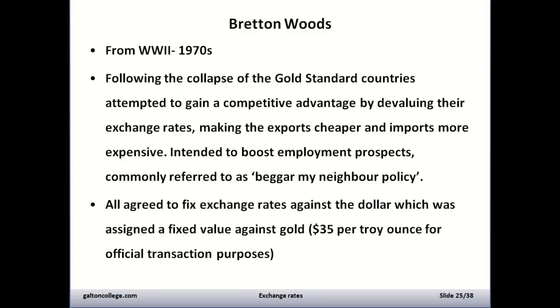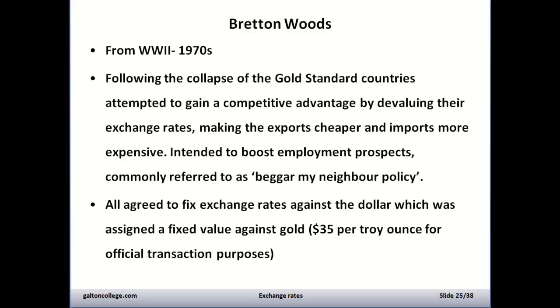In fact, they fixed the dollar at $35 an ounce for gold, and then all the other currencies were fixed to the dollar, thereby to gold, and were thereby also fixed one against the other. So all the currencies were fixed at Bretton Woods.